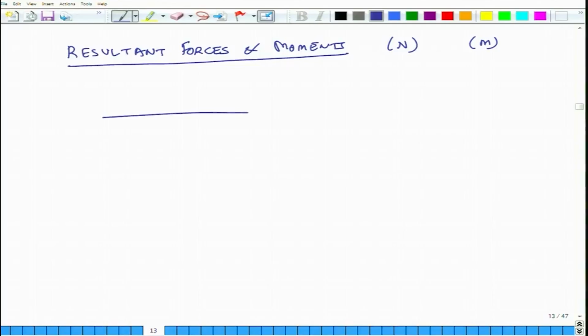So, suppose you have a composite sample, this is my mid plane.